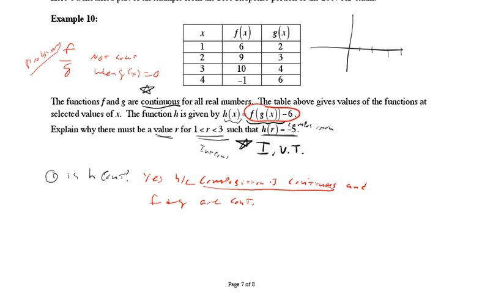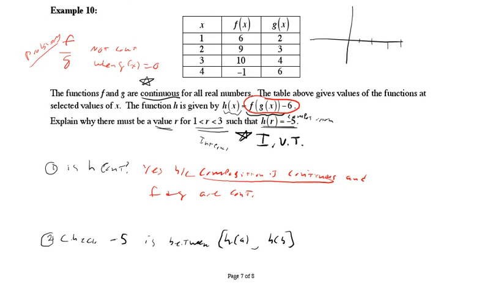So we need to explain why, and the reason is because h is continuous. That's number one. Number two, we need to check that -5 is between h of the low and h of the high.